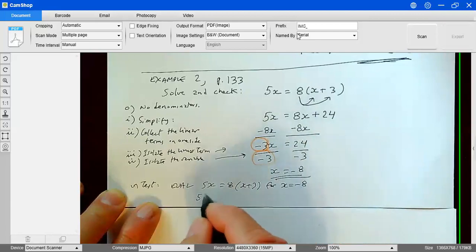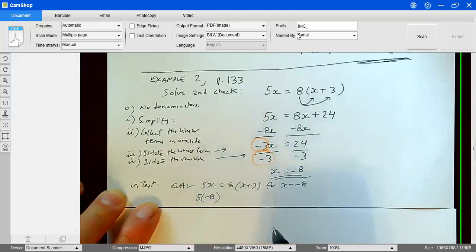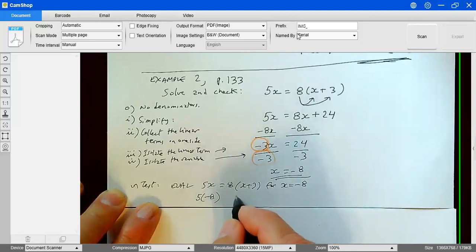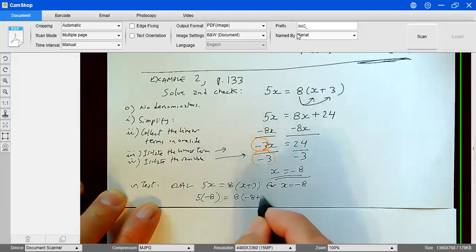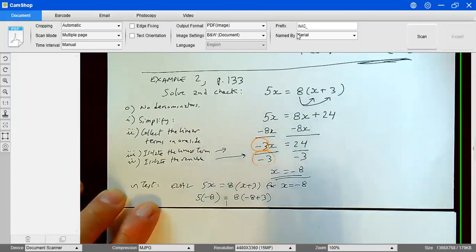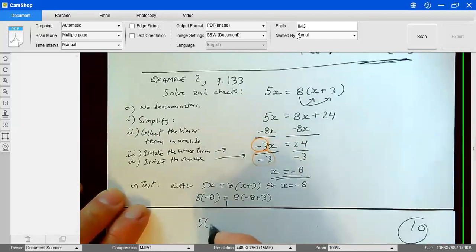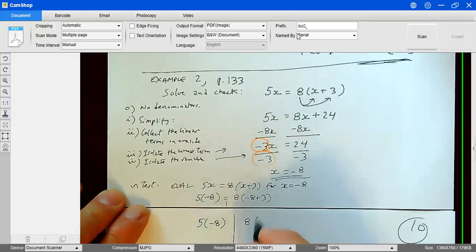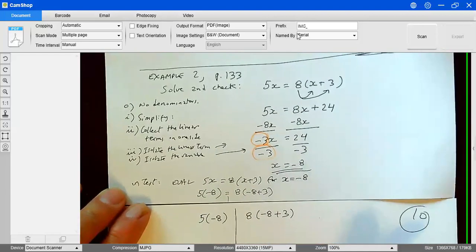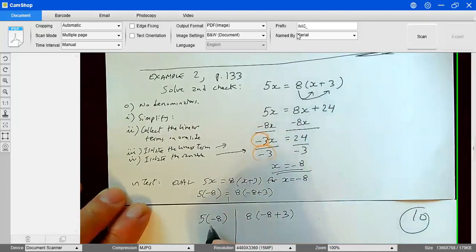So it's going to be 5 times negative 8, equal to 8 times negative 8 plus 3. And then we're going to proceed with the process. So I have 5 times negative 8 on the left-hand side. I have 8 times negative 8 plus 3 on the right-hand side. So this is going to be negative 40.